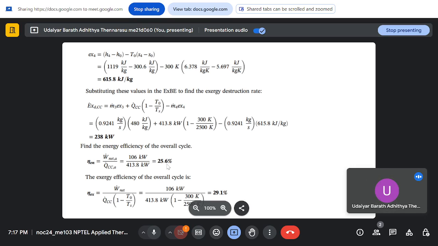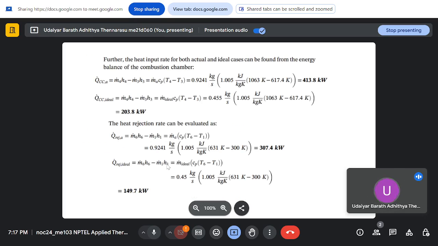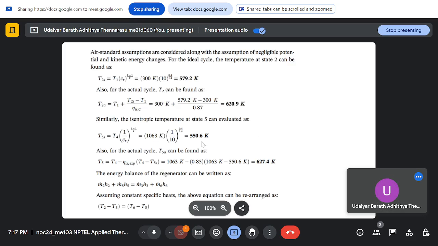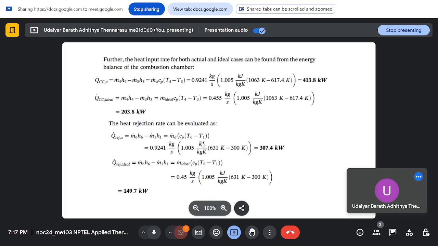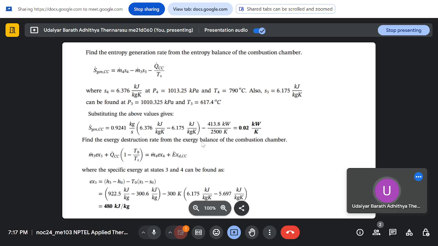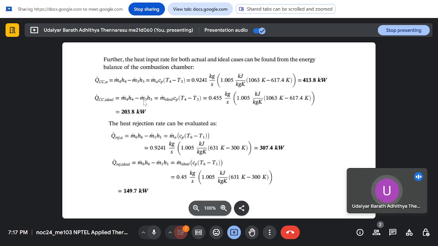So if you see the actual efficiency, when the efficiencies of turbines are neglected, so it was 100% efficient. So in that case, the Q added is 203.8. So your efficiency in that case would have been 52%.